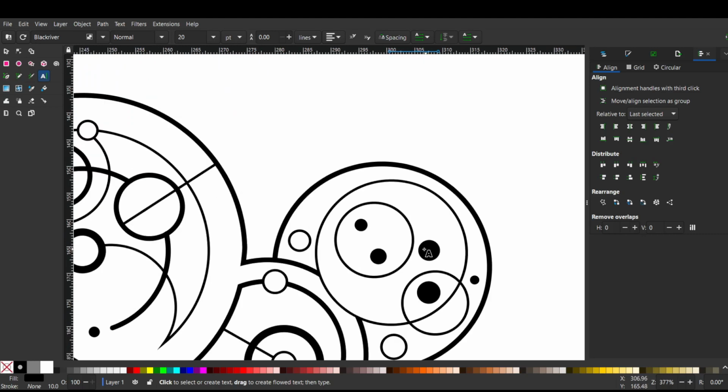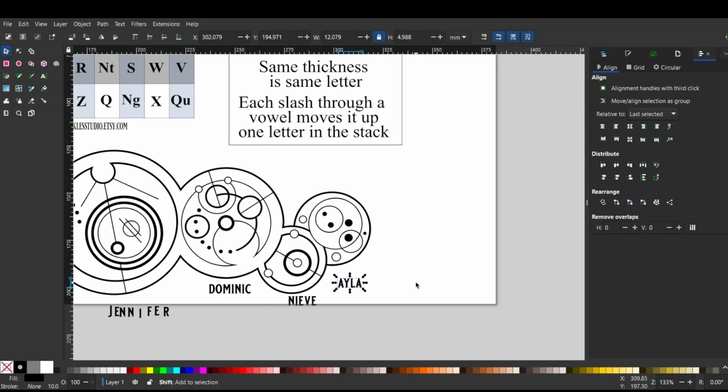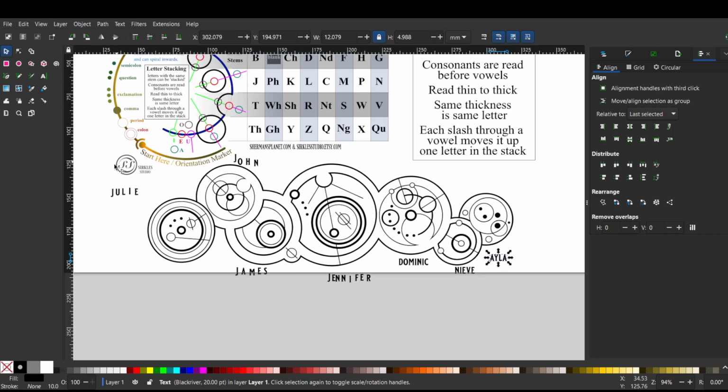And this dot here is actually a smidge closer to this circle than to this circle, which is why it counts here and not here. So that little smidge in there does matter. But if you can just see the 2 dots here and see the 3 dots there, that also works. And then we have an A at the end of it right there, just like that A. So A, Y, Y, L, L, A. And that's that name. So those are all of the names in this design.